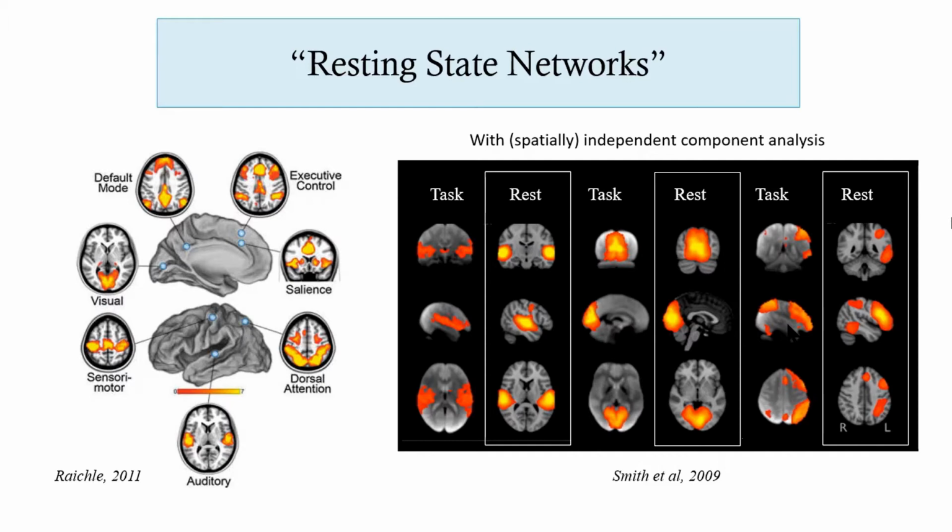In fact, the visual network and sensory motor network do not exactly mean anything except that they overlap with the corresponding cortical areas, and they may correspond to the same type of patterns that will be activated by those corresponding tasks.